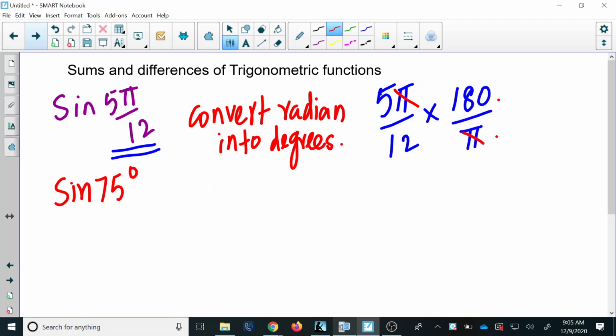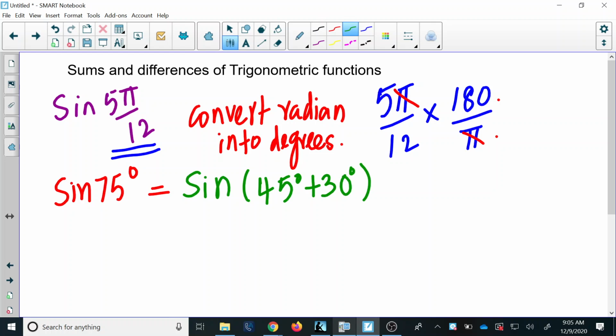So we are going to find the value for sine 75 by manipulating the 75 with the known values. I'm going to write this sine 75 as sine of 45 degrees plus 30 degrees.